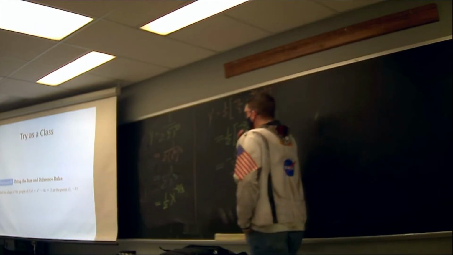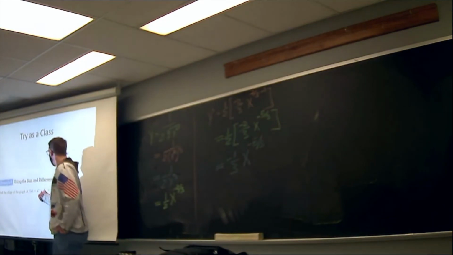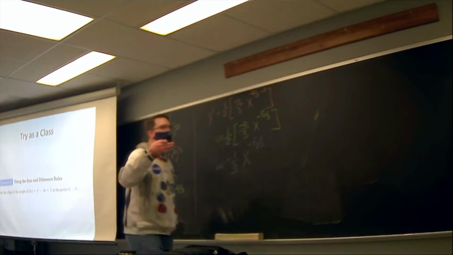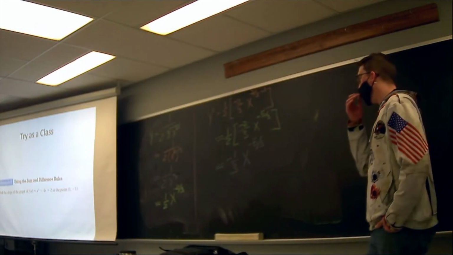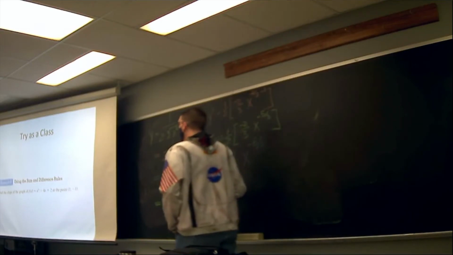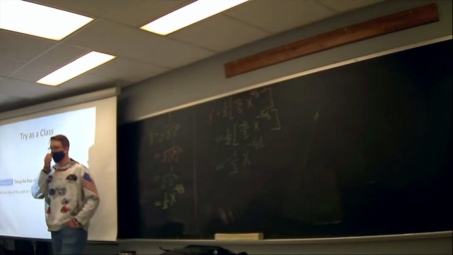Alright, so we've got this polynomial now, x cubed minus 4x plus 2. We can think of each term of the polynomial as a function. So x to the 3rd is a function. 4x is a function. And 2 is a function.